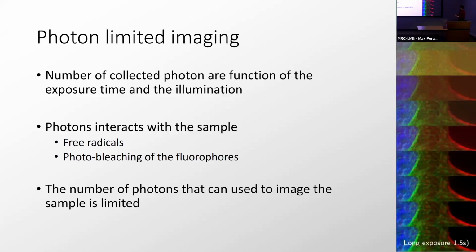We don't want that, so we have a limited number of photons we can use to probe our sample. So we want to be careful with that. And then here we can see how the image changes from a long exposure time, from 1.5 seconds to 10 milliseconds on the same kind of sample. We see that the image basically becomes quickly very noisy.